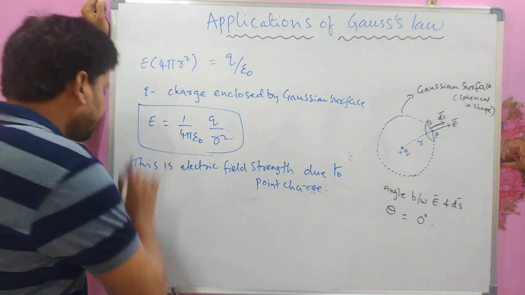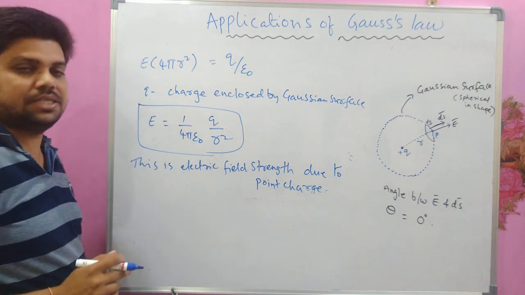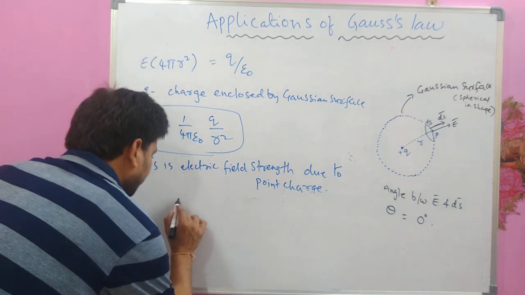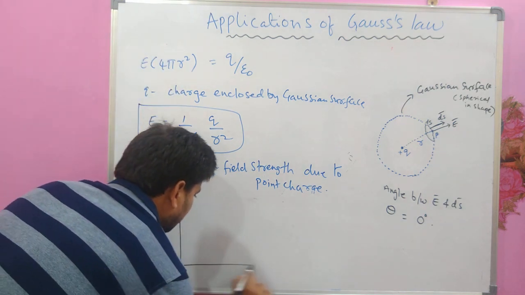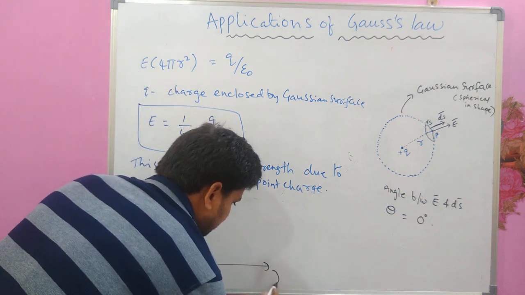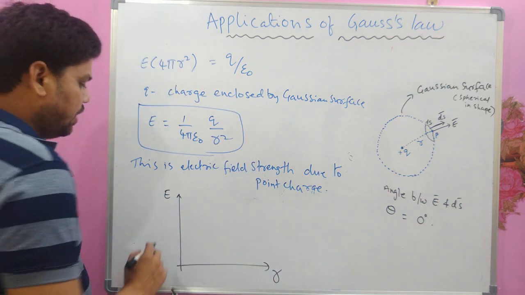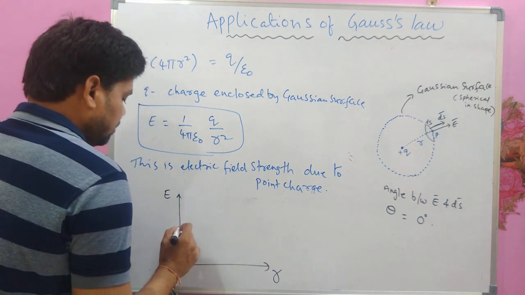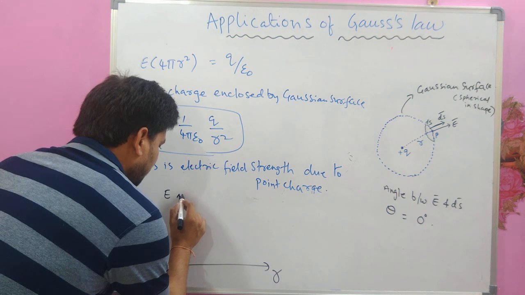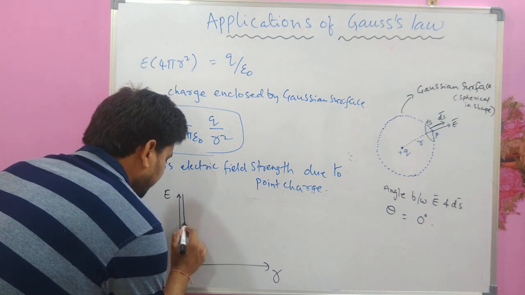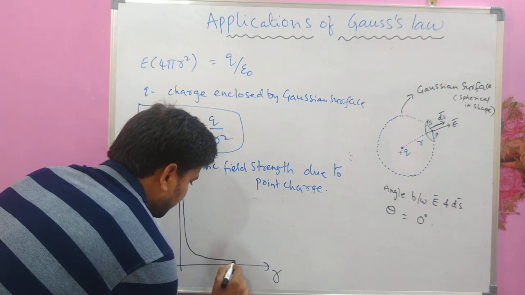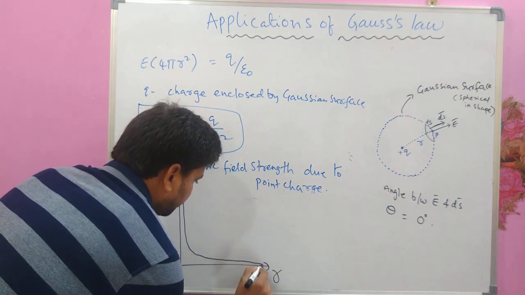And the graphical representation of this equation is like this. If this is the electric field strength and this is the distance r, then for r equal to 0 or approximately 0, it will be infinity, and as r goes to infinity it will become 0.